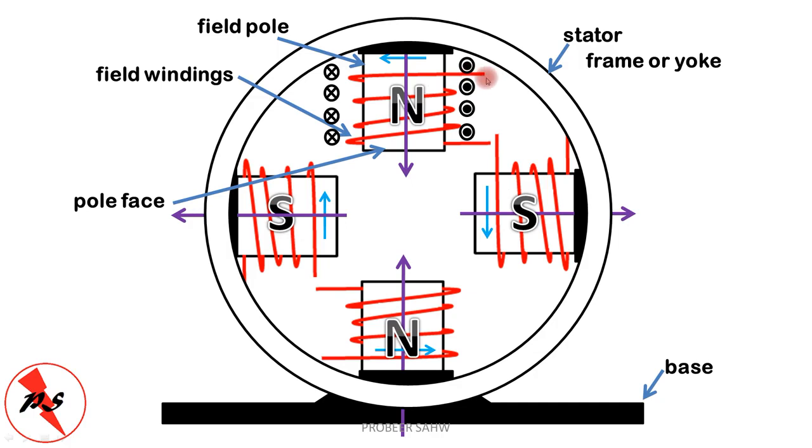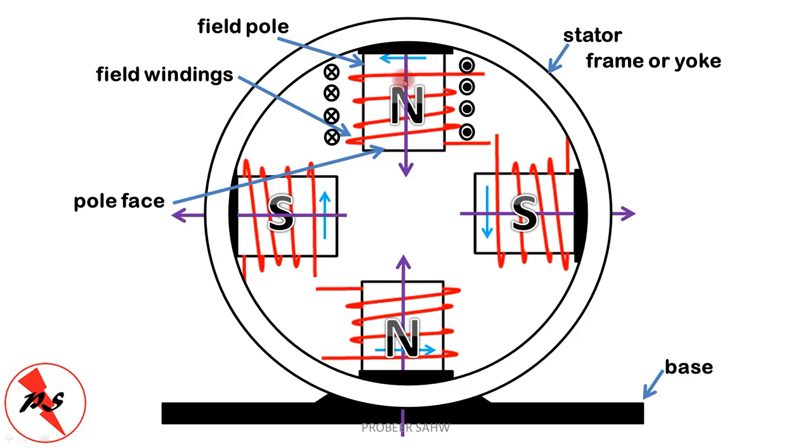So look at this winding, which is wound like this. So it goes like this, then from the back it comes out from here, then it goes like this, then again from the back it comes out from here, and the direction of current is marked by this arrow.